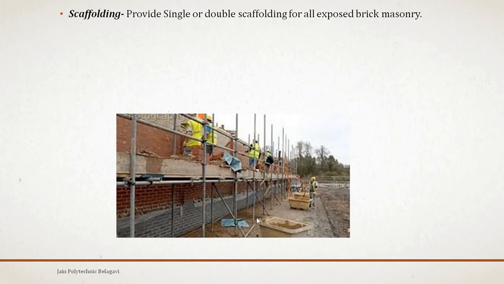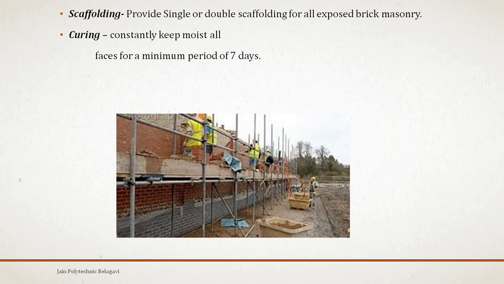Next, we will try to understand the scaffolding used in the masonry and its specification. So provide single or double scaffolding for all exposed brick masonry works. So in the picture you can observe the scaffoldings which are having platforms and the laborers are working standing on the platforms.